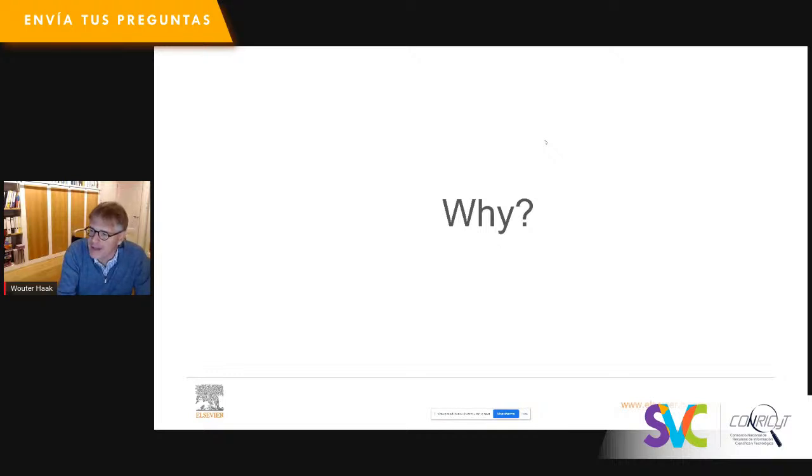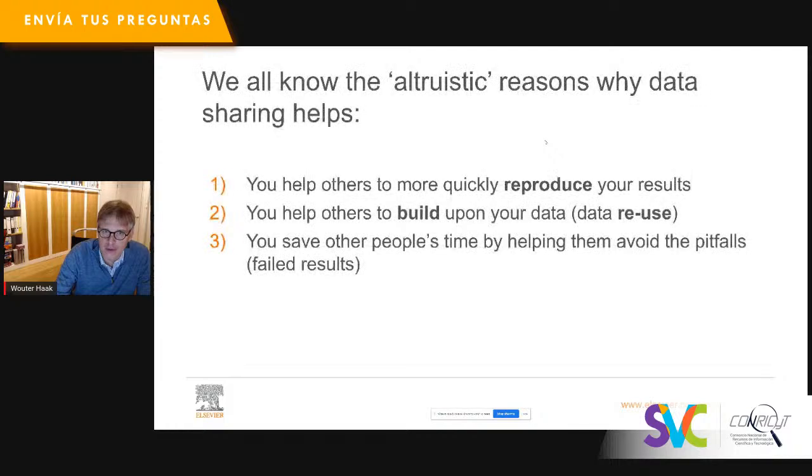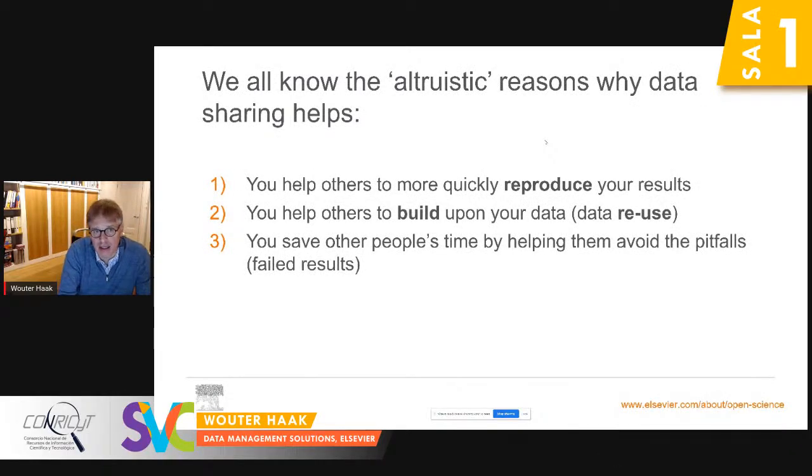But why is this happening? Why is data sharing happening? We all know the altruistic reasons why data sharing helps. Obviously, when you share data, you help others to more quickly reproduce your results. And you also help others to build upon your data by reusing it.